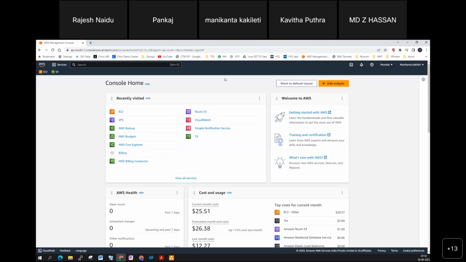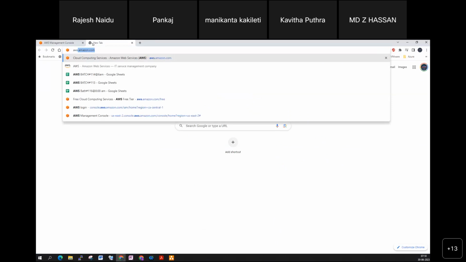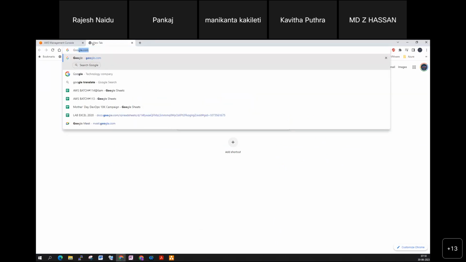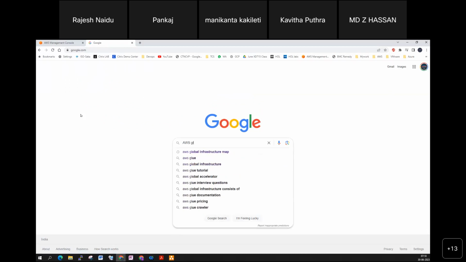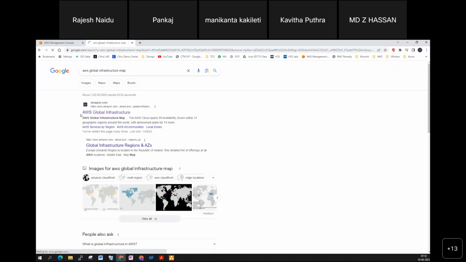These data centers and customer utilization: Amazon Web Services is gradually increasing its data centers. At present, how many data centers are there? We can check that. Go to Google and search for the AWS Global Infrastructure Map.